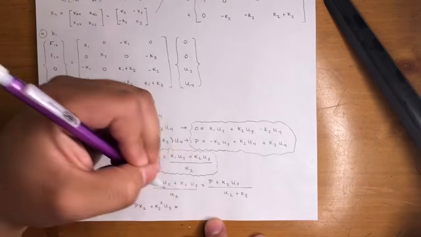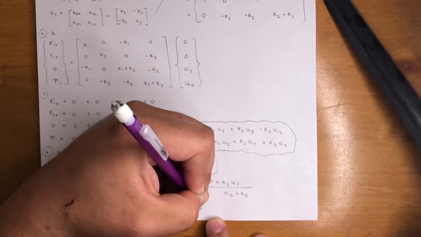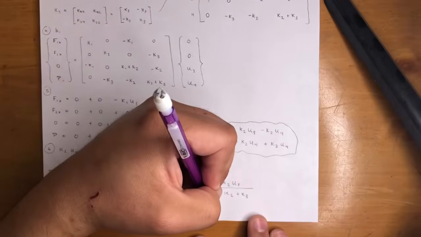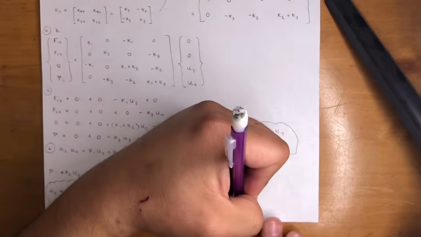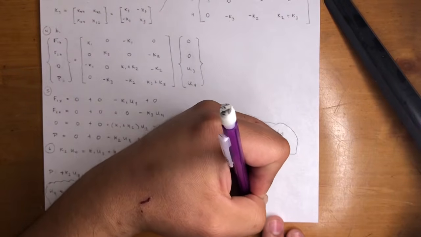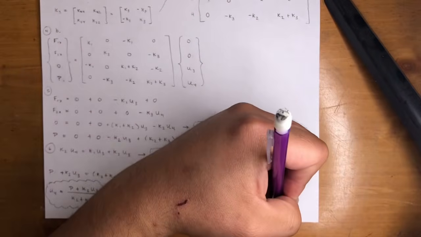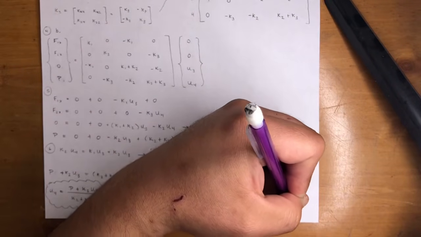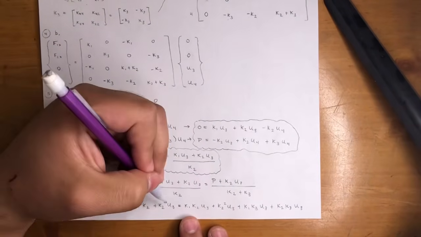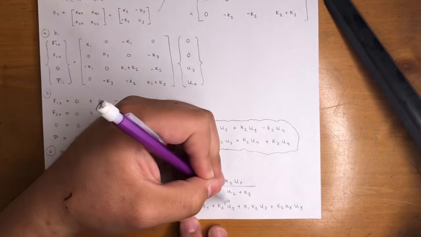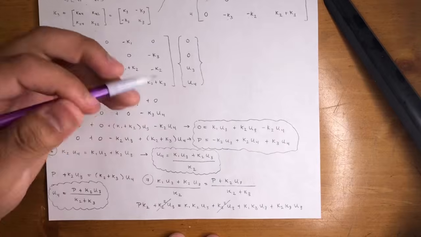So you'll get K1 K2 U3 plus K2 squared U3, now the other one, plus K1 K3 U3 plus K2 K3 U3. Cool. So I see these cancel out, and that one and that one. Perfect. Let's keep going.